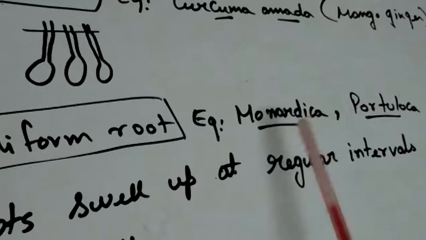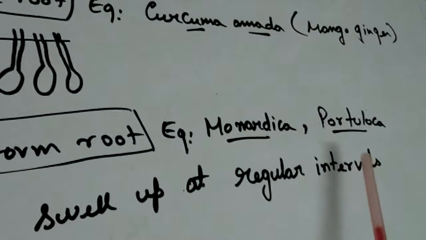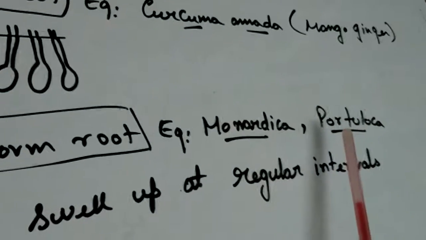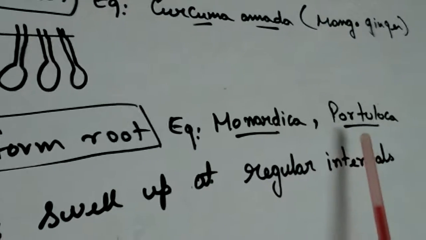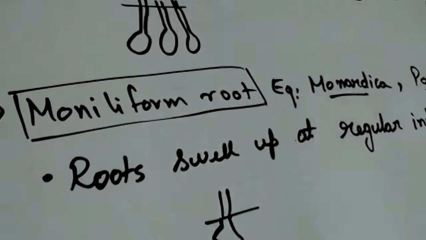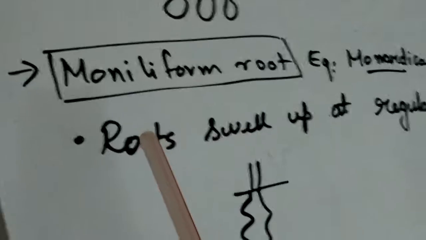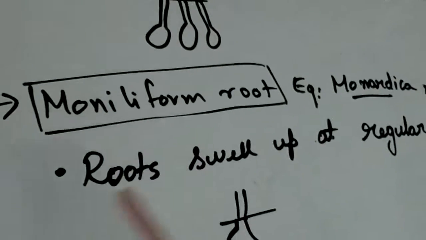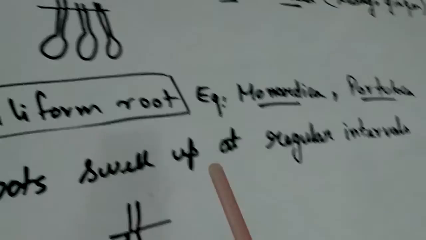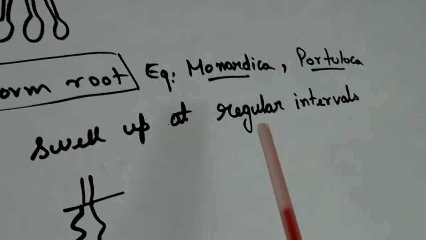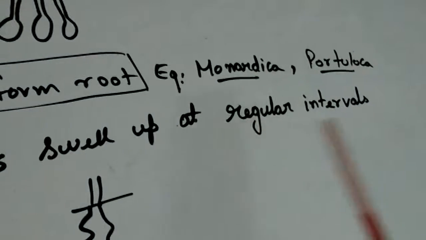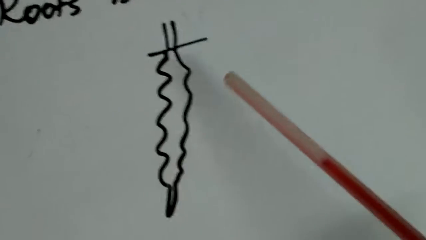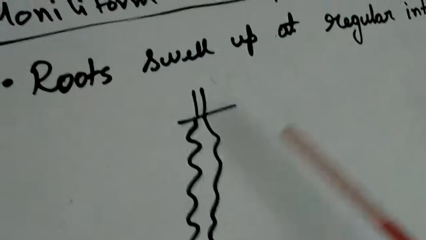And Portulaca is known as Kulfa in common language. In moniliform root, roots get swollen due to regular deposition of food at regular intervals, and the structure is something like this.